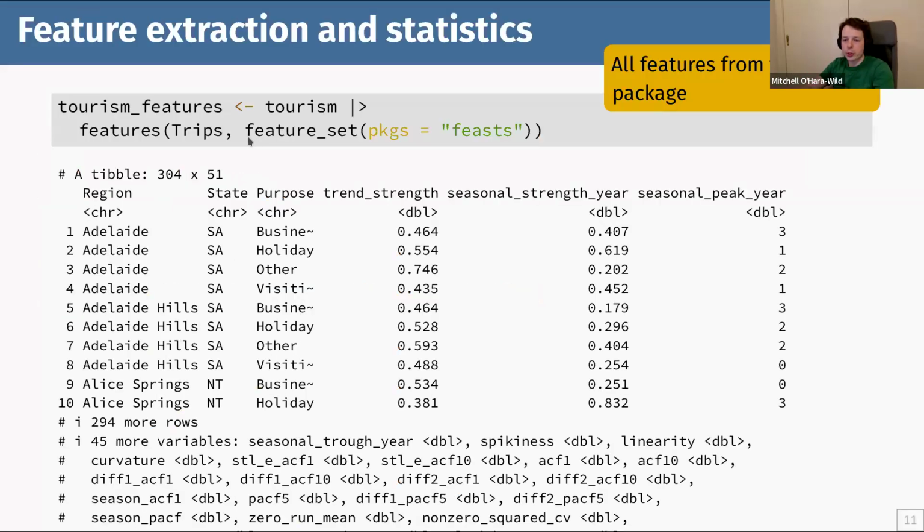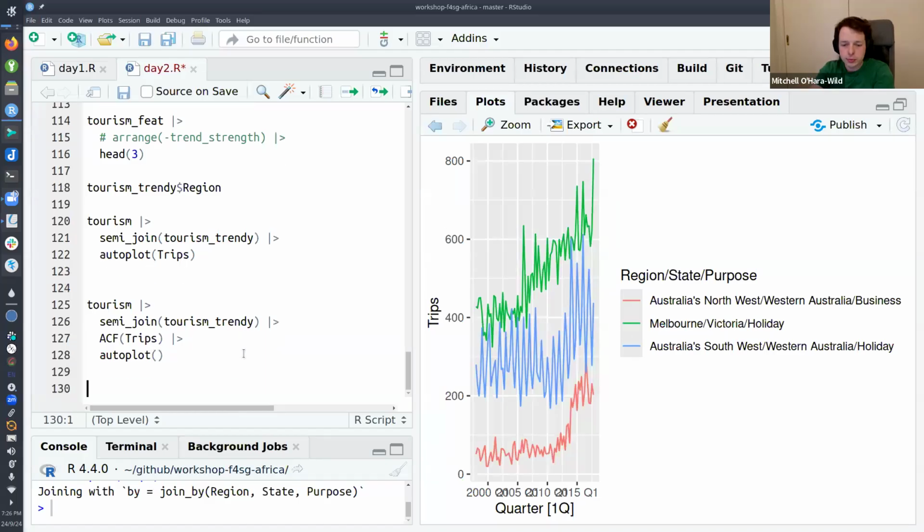So here's some code which calculates all of the features that we possibly can from the feasts package. Now this is the package that we use for plotting the data, like using the season plot and sub-series plot, but it also includes all of the features like Guerrero's method, STL features, and ACF features. It also has a few others, I forget exactly which. Let's have a look.